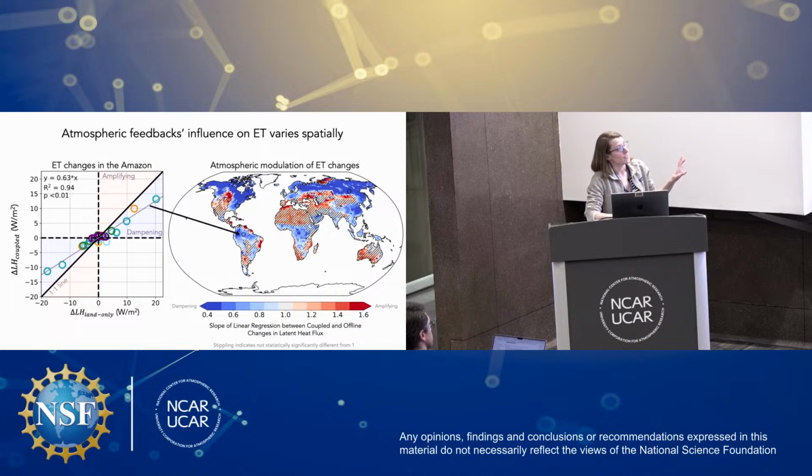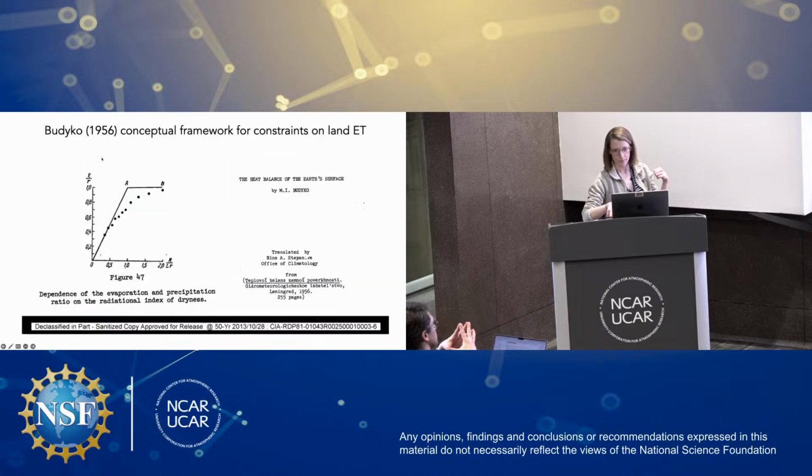This is the same color scheme: places that are blue are places where the atmosphere is dampening changes in evapotranspiration, and red places have that amplifying effect. All these stippled or striped regions indicate places where the atmospheric feedbacks aren't statistically significant. These would be places where points are pretty close to the one-to-one line, so the slope isn't statistically significantly different from one.